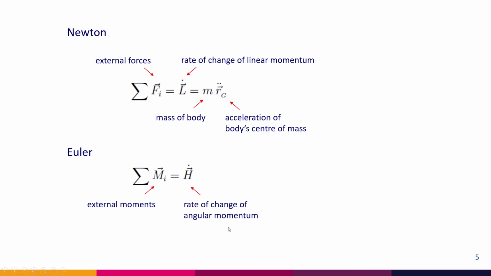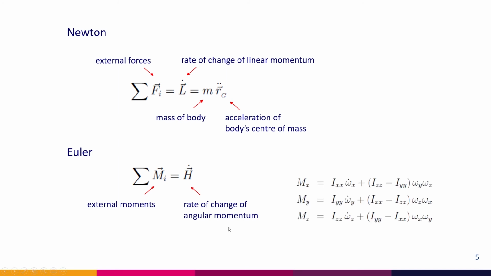Now, this right-hand side of the equation can take a number of different forms, and I've written out one of these on the right, just for illustration. So this has within it some terms that are related to the angular acceleration of the body and the angular velocity of the body. So that is how fast the body is spinning or turning.